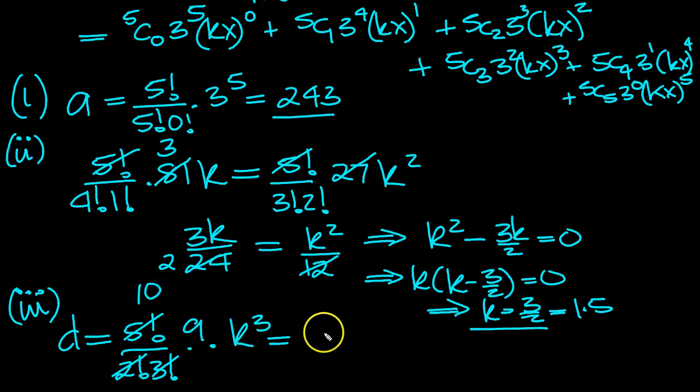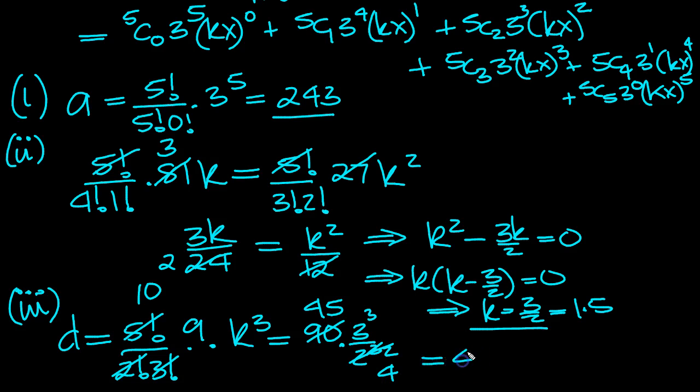So you've got 90k cubed here, and k is 3 over 2, so that's 3 cubed over 2 cubed, isn't it, times 90. One of these 2's will go, that'll leave 45, and there'll be a 4 left here now.